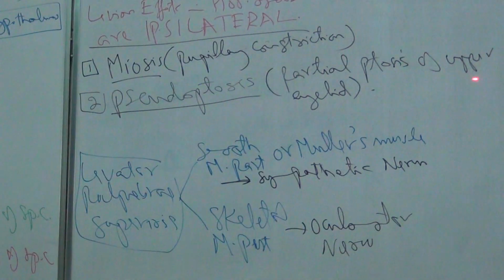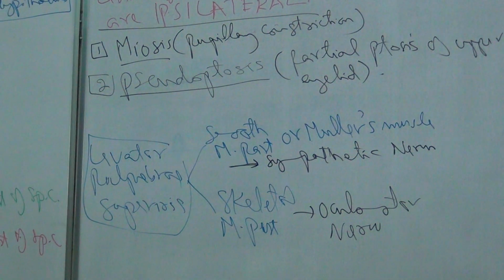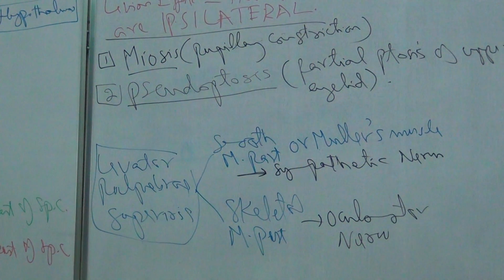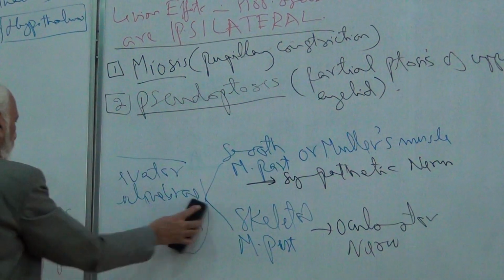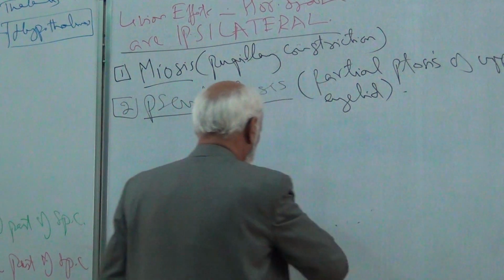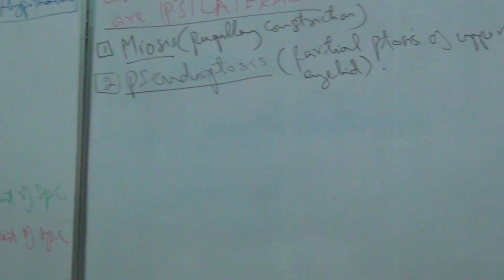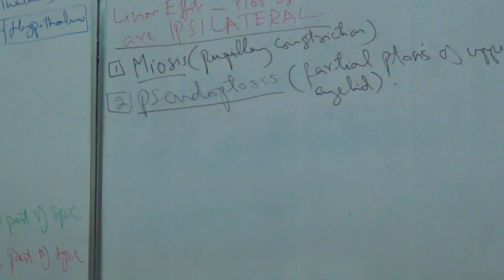It is also known as pseudoptosis. Pseudo means false, false ptosis. So this was the second feature of Horner syndrome.